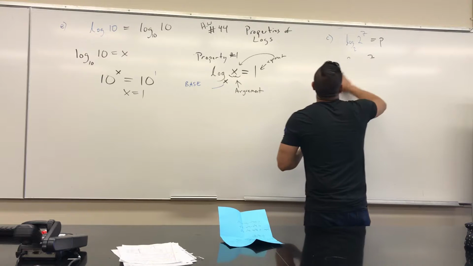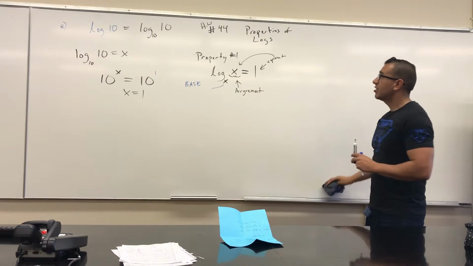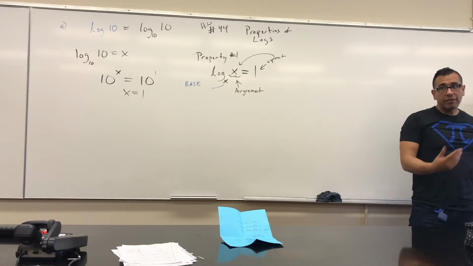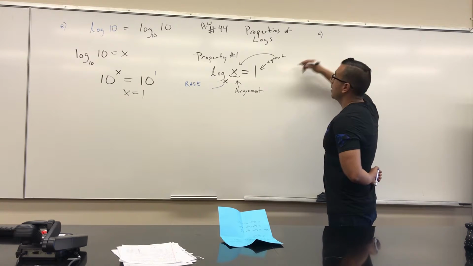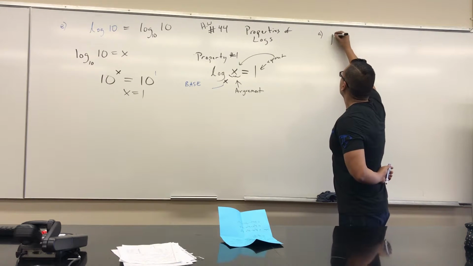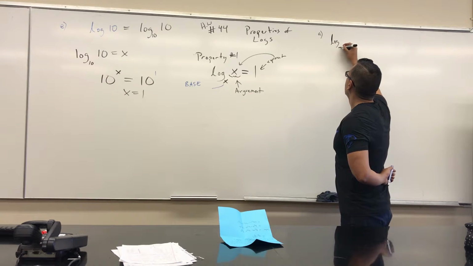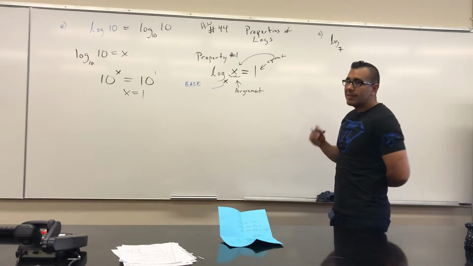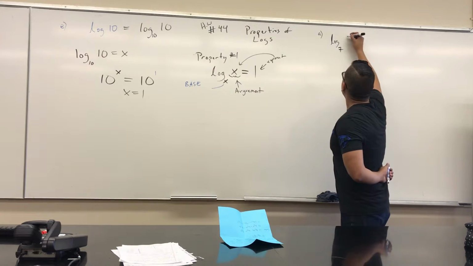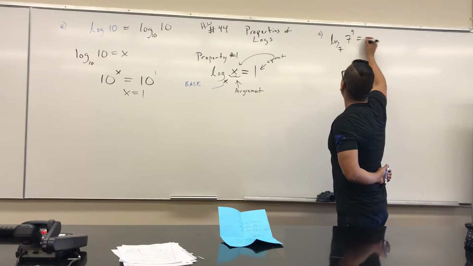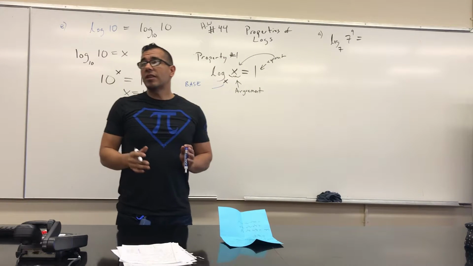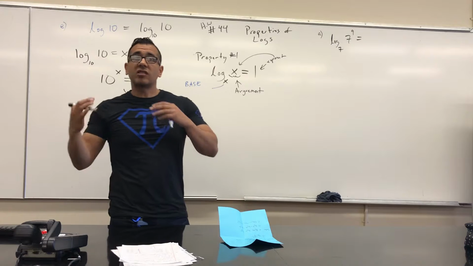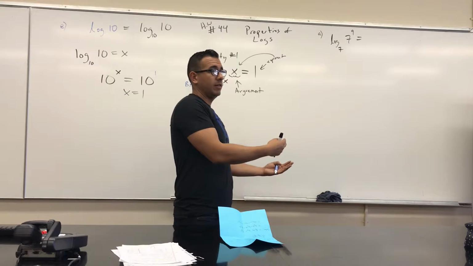Alright, so let me rewrite this. Now we can get into all the shortcuts, because we're going to have a bunch of properties that we can use. So let's go with this first example for this property. Let's go with log base 7, and let's say our argument is 7 raised to the 9th power. If I wanted to do this the long way, I could change it from log form to what?